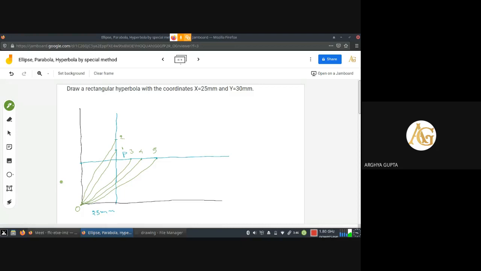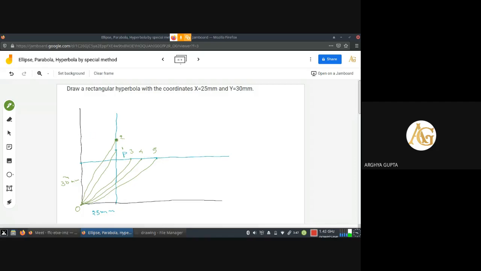This distance is 30 mm vertical height. So we have to take 25 mm x and draw a vertical line, and 30 mm y and draw a horizontal line. These two lines will meet at P, and we have to take some arbitrary points 1, 2, 3, 4, and 5. So these 5 points have been taken.